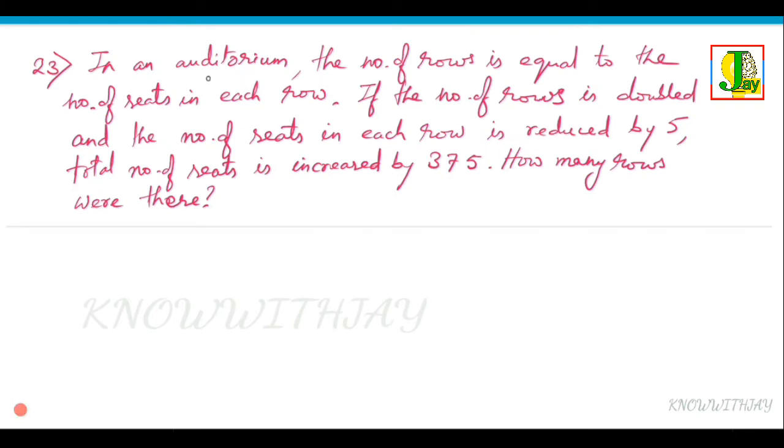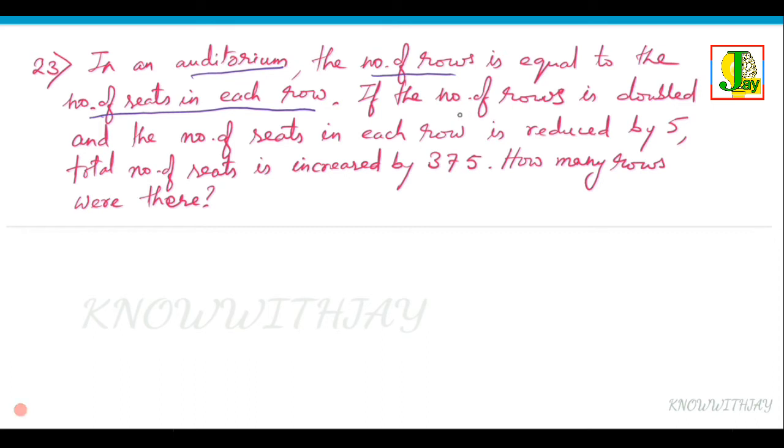In this question we have an auditorium where the number of rows is equal to the number of seats in each row. Okay, we'll try to see this question with the help of a figure. For now you should remember the number of rows is equal to the number of seats in each row.